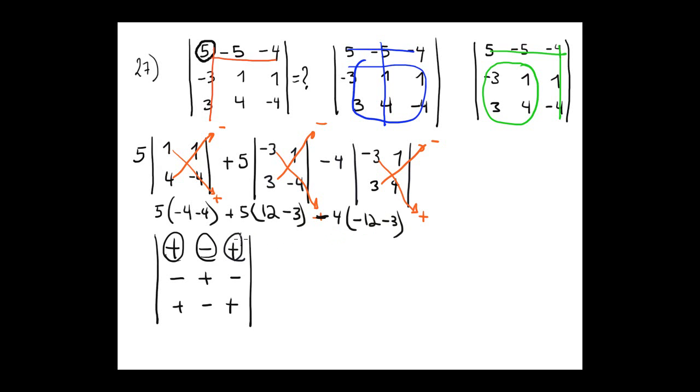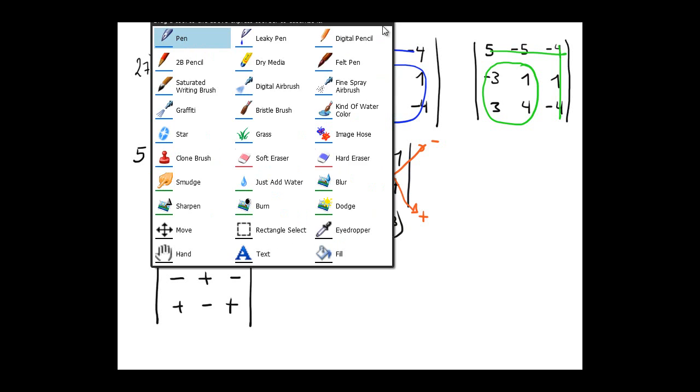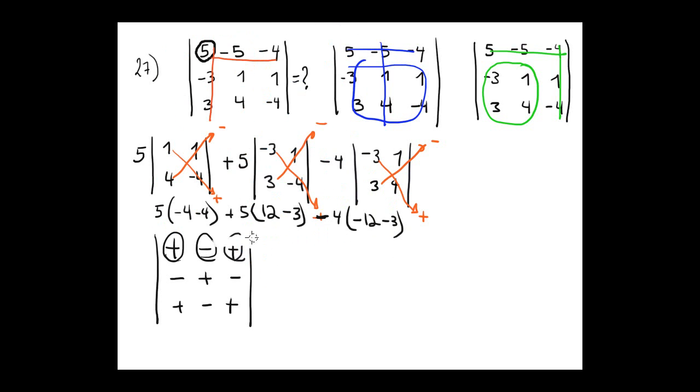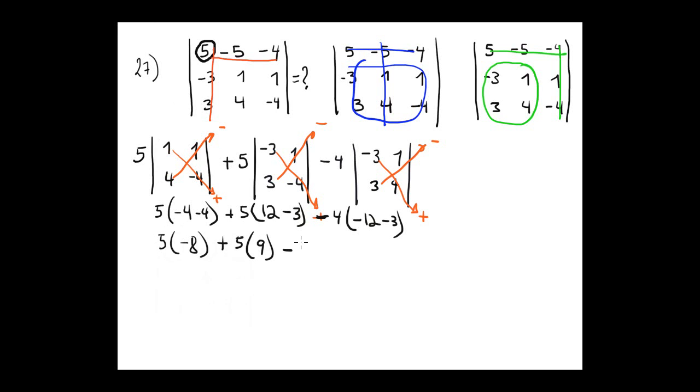So we have, let me see, let me erase this part. Okay, now this is 5 and negative 4 is negative 8, plus 5 and 12 minus 3 is 9, minus 4 is negative 15.